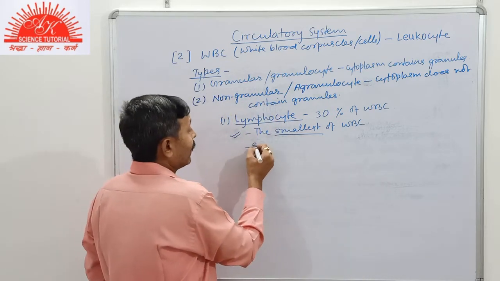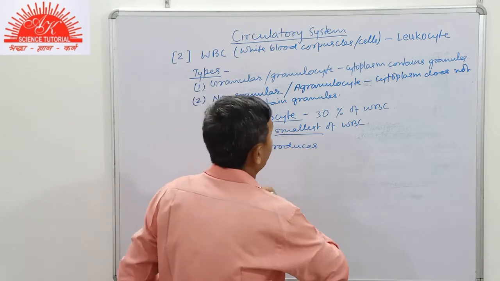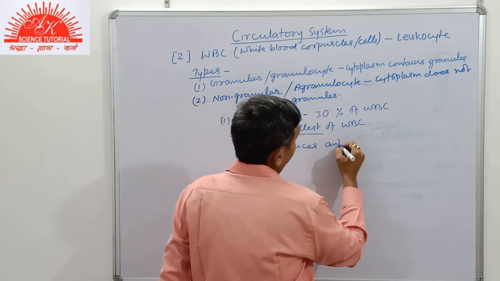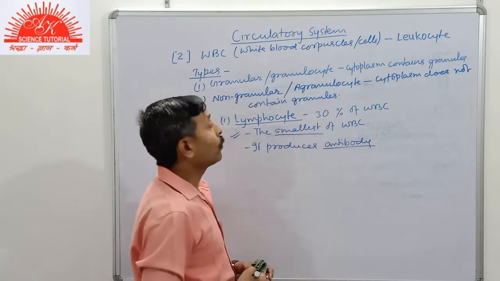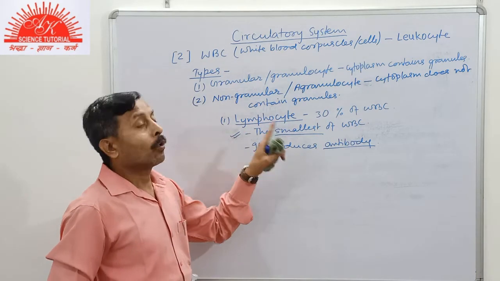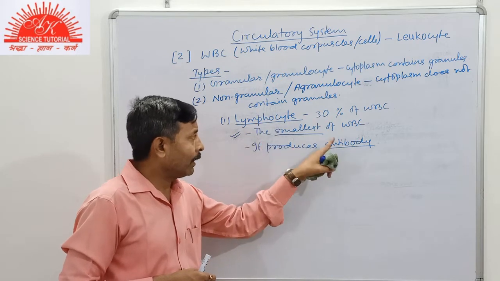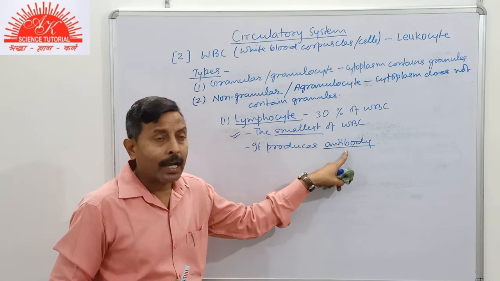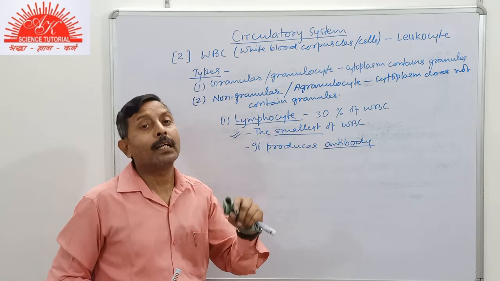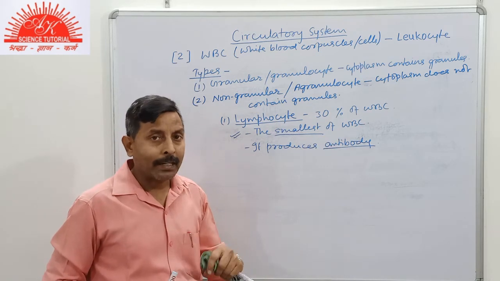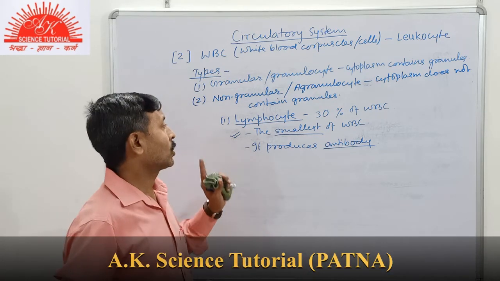Now it produces antibody. So the main function performed by neutrophil was phagocytosis, where it engulfs the germs and destroys them, and here lymphocyte mainly produces antibody. As the name suggests, it fights against the foreign substances, the germs, kills them by changing their chemical nature, destroying their toxins and so on.